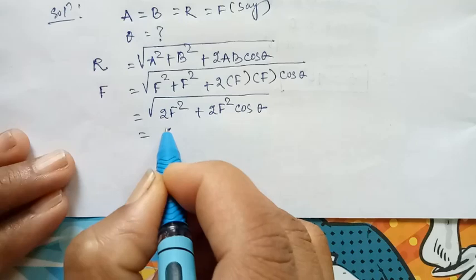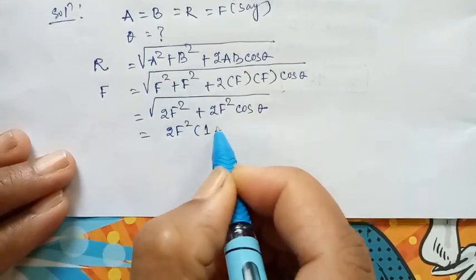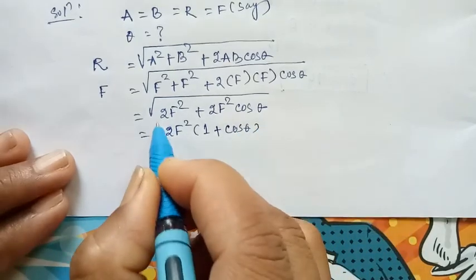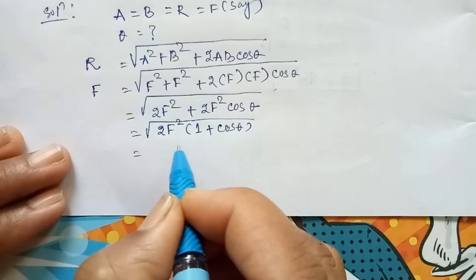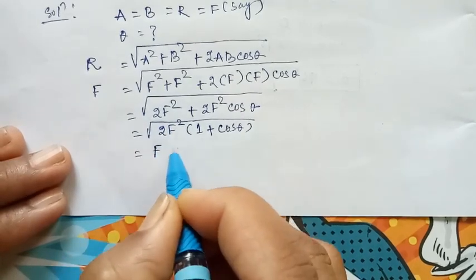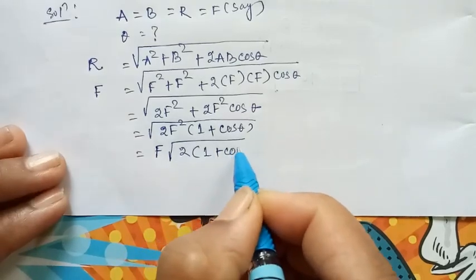Take 2F square as common, so 1 plus cos theta, root over, is equal to F root over of 2 into 1 plus cos theta.